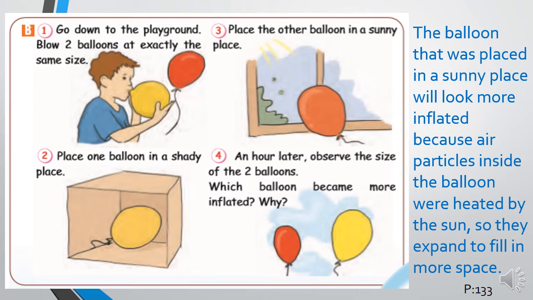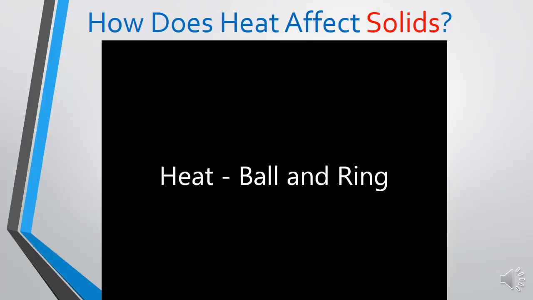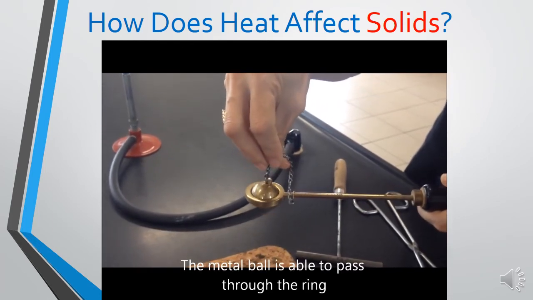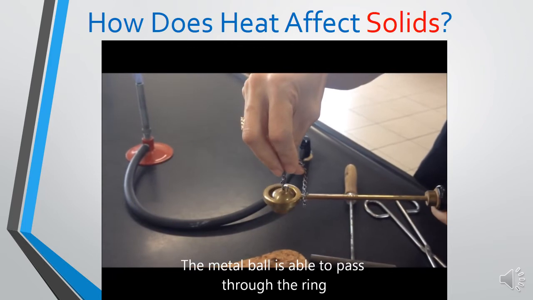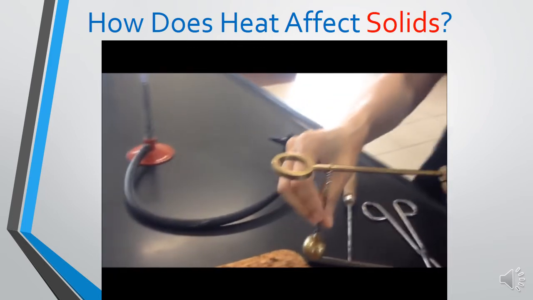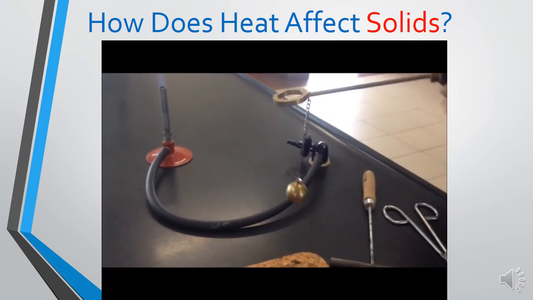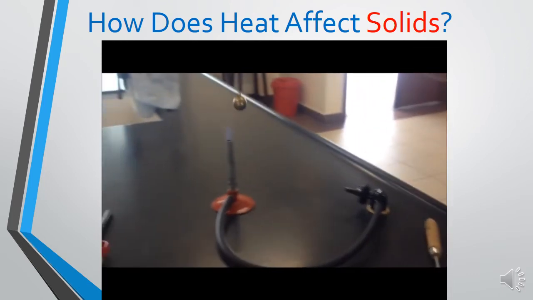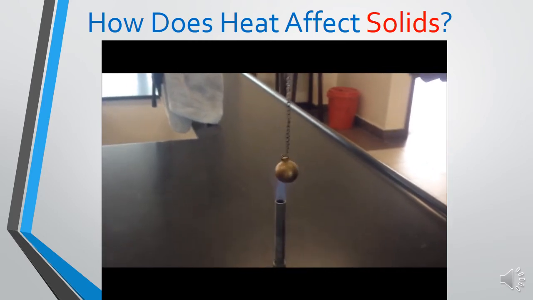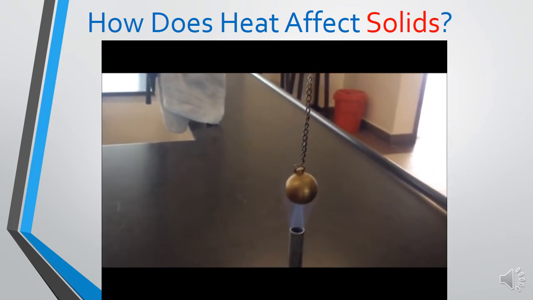Good. The next case: how does heat affect solids? Look well at this experiment. I have to use a ball and ring. As you see, the ball can pass through the ring. Now what should I do?